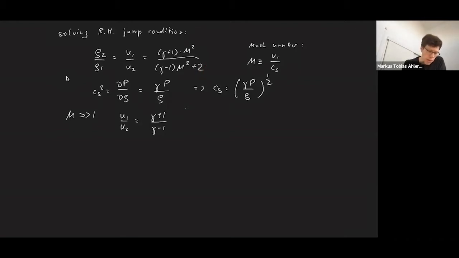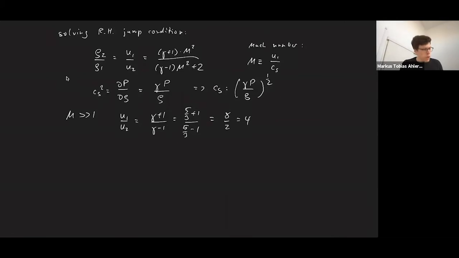And if you now put in the adiabatic index of an ideal gas, this is 5/3 plus 1 over 5/3 minus 1. So this is simply 8/2 or equal to 4. So this is the limit in the case of strong shocks. This is going to become important later on when we talk about the spectral index.